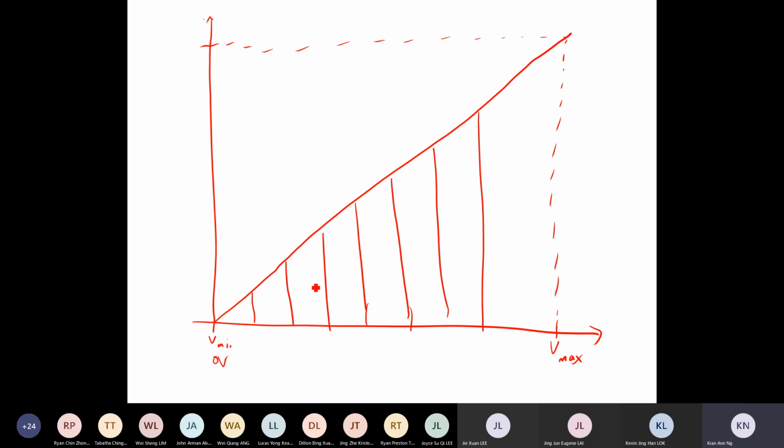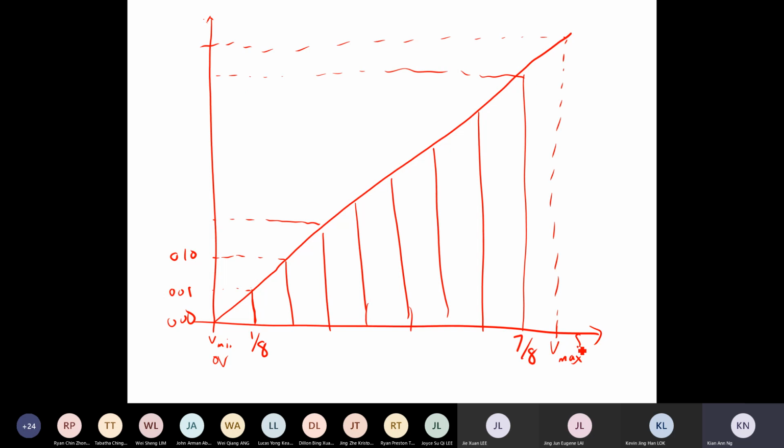How many do we have? 8. In this case, if the analog signal is 1/8 of the Vmax, it will register as 0, 0, 1, and so on. This will be 0, 1, 0. This is just for a 3-bit A to D converter. Finally here, this will be 7/8.